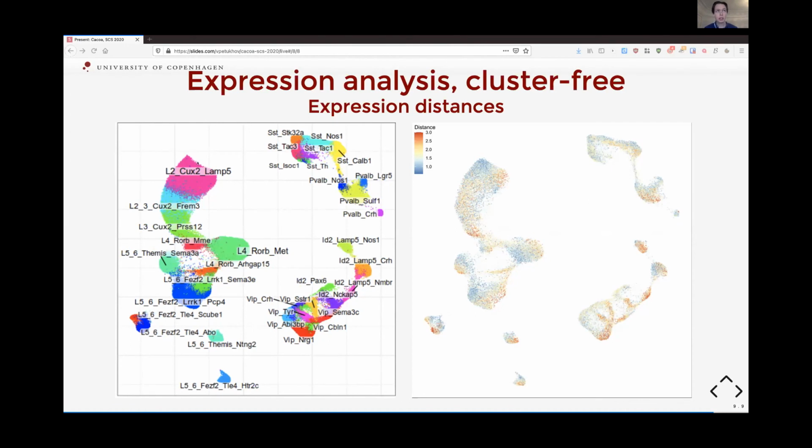So L2 CAX2 is affected on the top left, and L56 FEZF2 LRK1 PCP4 is affected only on the bottom right. So again, you can do this without knowing annotation, and you can look at exactly the most interesting places before doing annotation.